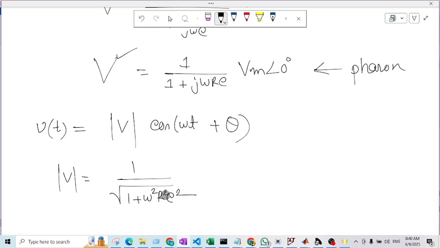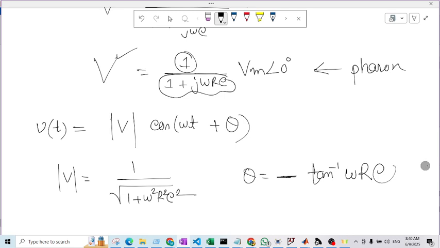Okay, and now how can I find theta? Okay, just forget it. If I find theta, as it is at the denominator, I will have to write here minus, then I need to write tan inverse omega rc, right?